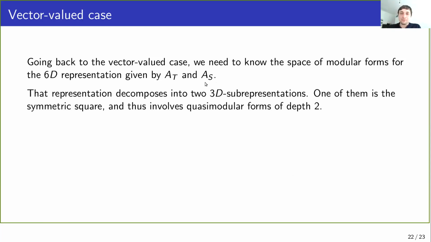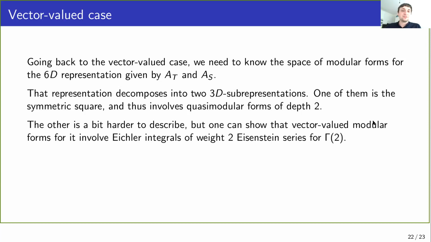It turns out that this representation splits into two three-dimensional representations, and you can identify both of them. I'm sorry, I'm going over time, but I'll finish very soon. One of them turns out to be a symmetric square of SL2Z, so now you can appreciate why I told you about this result of Kaneko and Nagatomo: the solution involves quasi-modular forms, and they also give you the way to find the quasi-modular forms from the representation and to go back. So one can write down these solutions for this part.